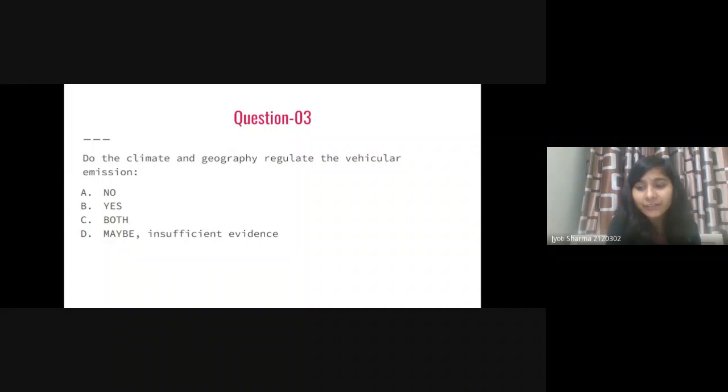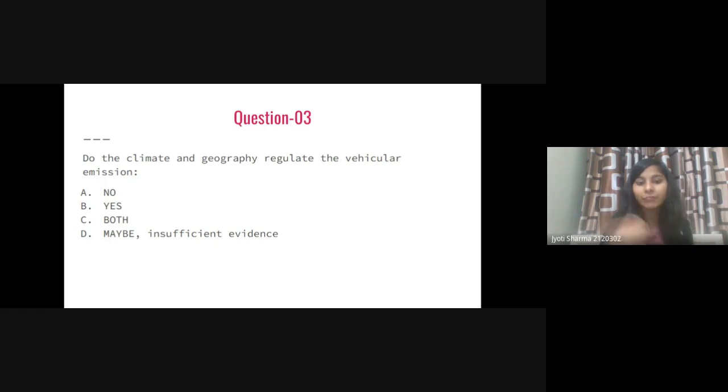Obviously, we have a lot of evidence that gives us the statement that yes, the climate and geography regulate the vehicular emission. I gave you one example. If you are running your vehicle in a mountainous region, then obviously your fuel consumption will be higher, and this will give you higher emission. So geography is giving you a different vehicular emission than a plain area.